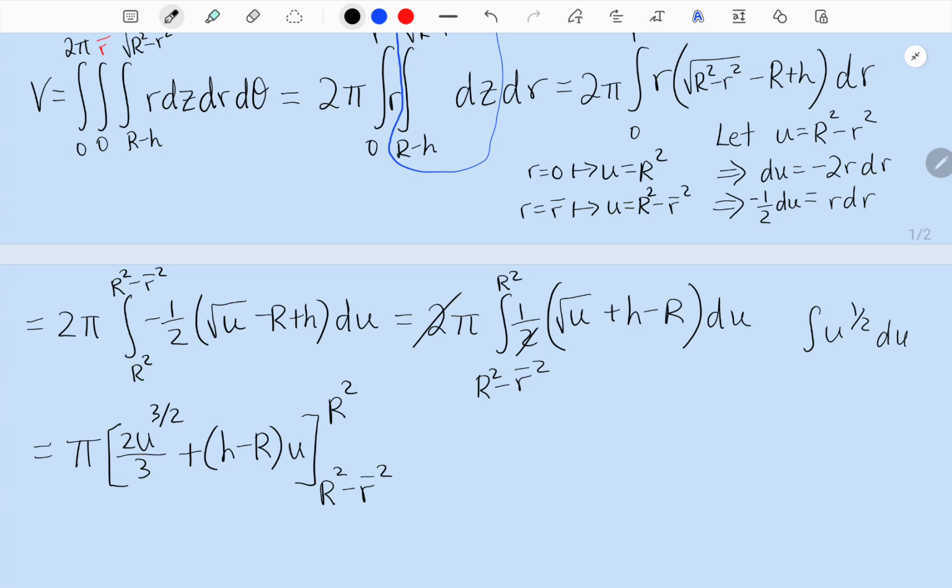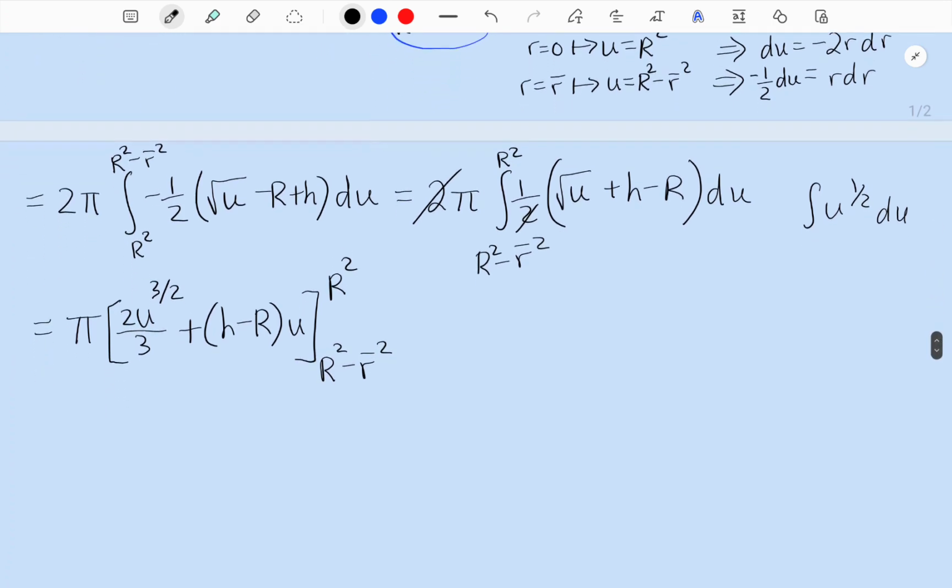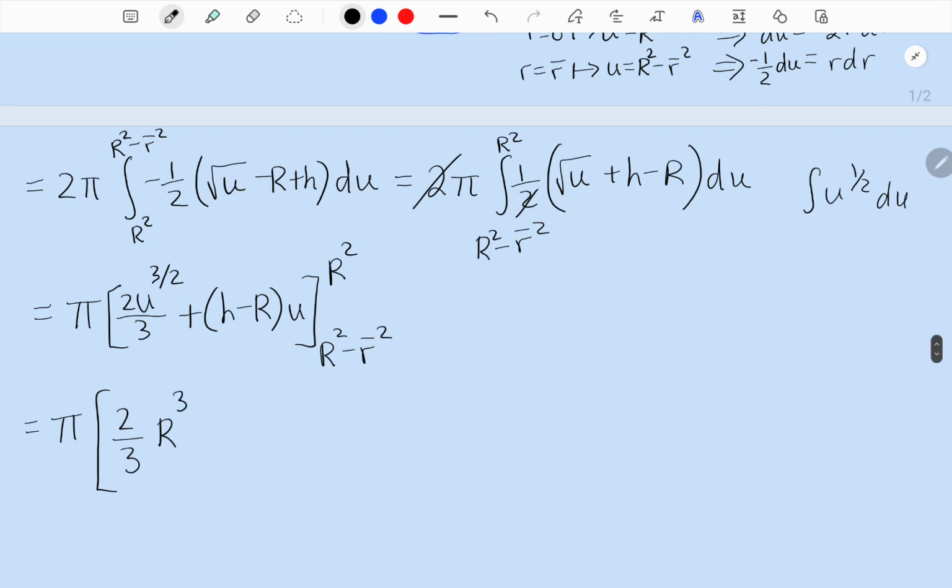Wowzers. Okay, so what is this going to be? This is going to equal pi multiplied by 2/3, R squared to the 3/2, which would be R cubed, and then plus h minus R times R squared.